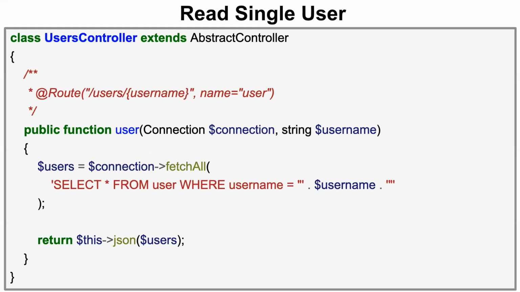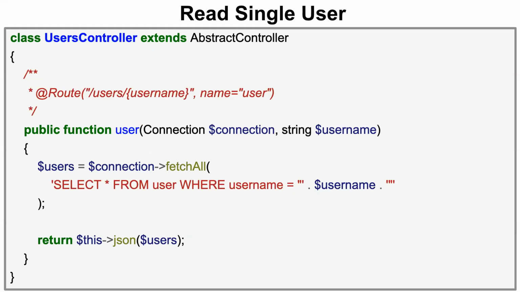So what if you want an action that reads an individual user record from the database? That's easily possible. So you can create another action named user, singular, and we're gonna inject the same connection instance, and we're also gonna accept a parameter on the user action of a string named username.